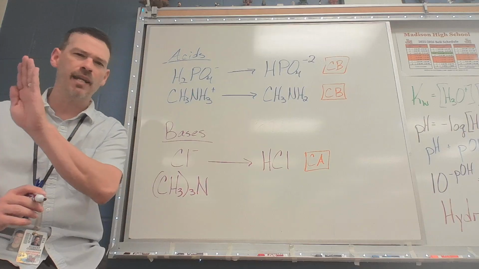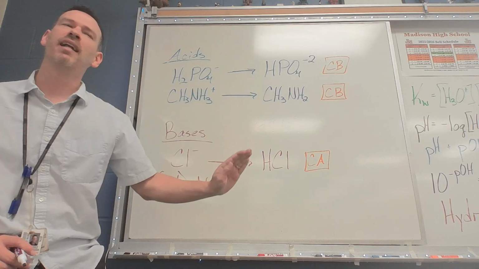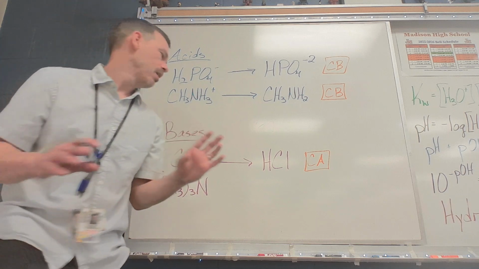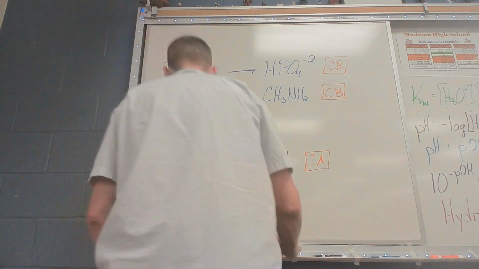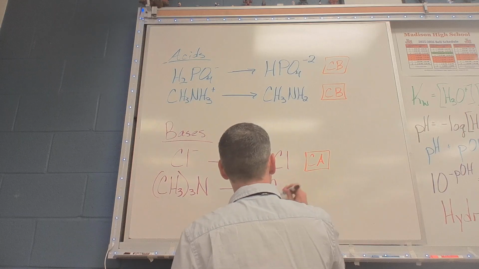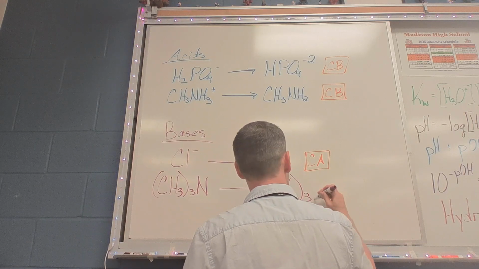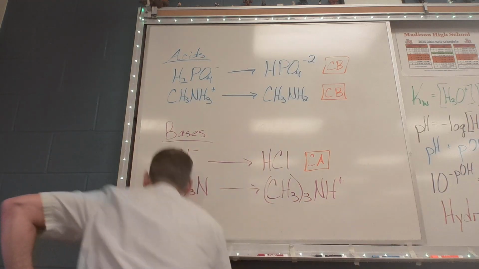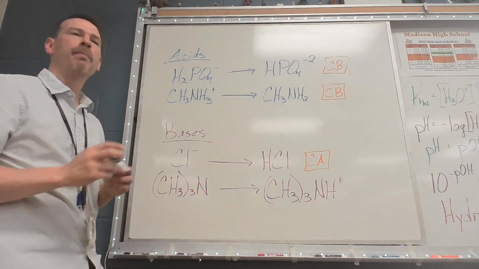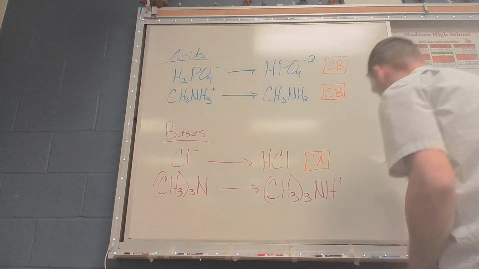If you put it at the beginning and it makes a substance you're not familiar with, then it's supposed to go at the end, but you're not going to lose points for that. But I'm going to put this hydrogen that it wants at the very end, and look how easy this is. It basically becomes CH3 3NH+. I added an H, I added a plus, and now I have my conjugate acid.